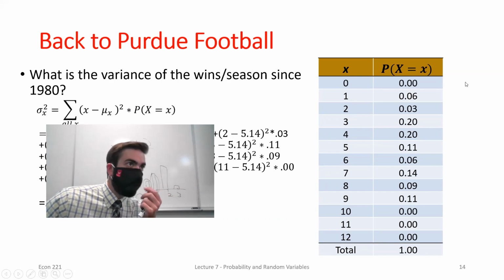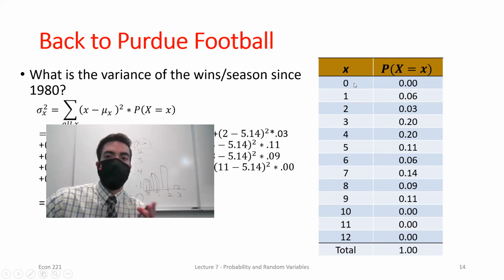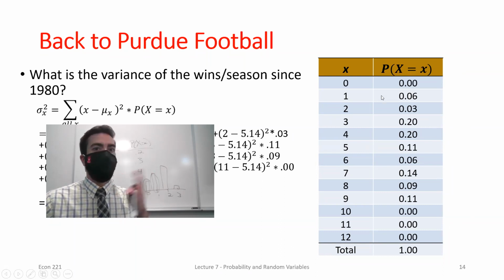Now for that first observation, it's going to be easy because if I multiply anything by 0, it's just 0. Then I would go to the next outcome. Take the outcome of 1, subtract 5.14, square it, then multiply it by the probability I saw 1, which is 0.06, write that number down. I could do that for every single observation, and then when I'm done, add them all up. Right? So that's how I could do the intermediate steps.